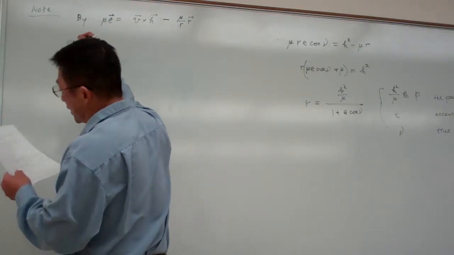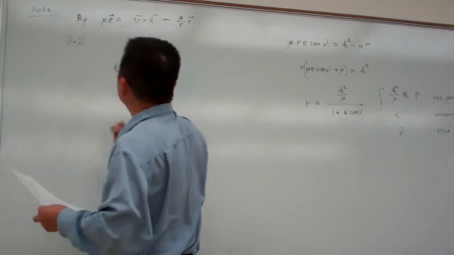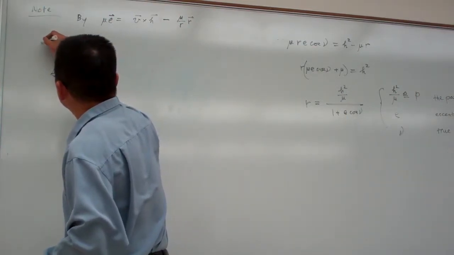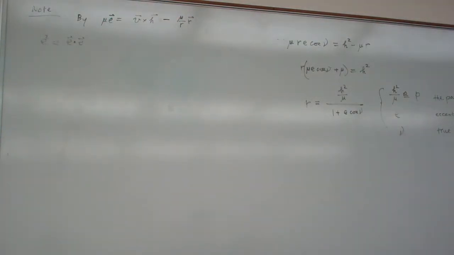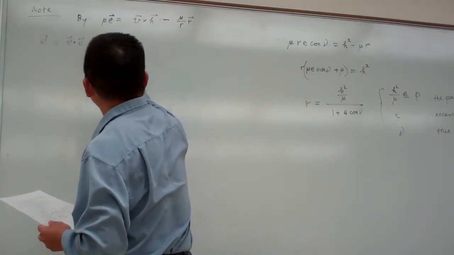Then I'm going to take the inner product of e, so this one is basically e squared. Okay, so that can be done by this.